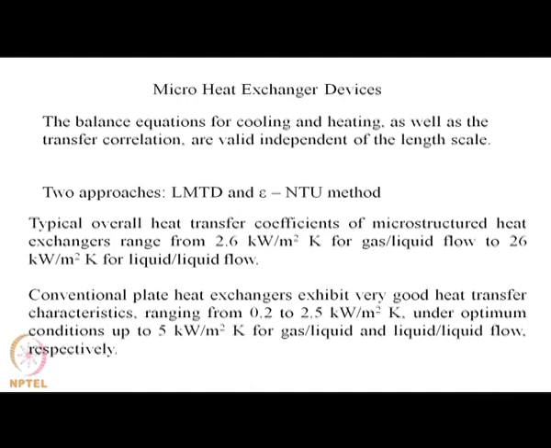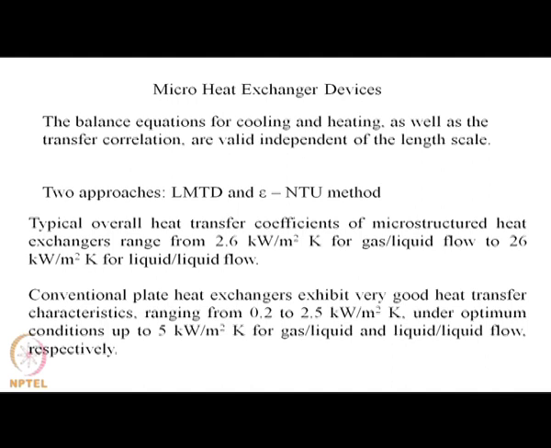Now, if you compare that with the best conventional plate heat exchangers that we can have, they also exhibit very good heat transfer, but they range from 0.2 to 2.5 kilowatt per meter square per Kelvin under optimum conditions, and maybe up to 5 kilowatt per meter square per Kelvin for liquid flow.